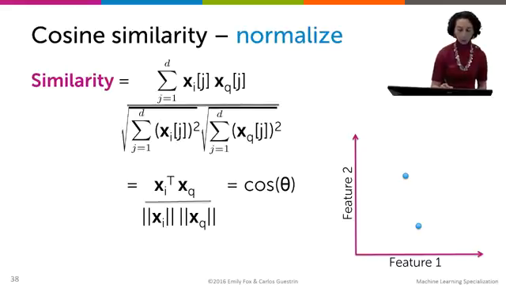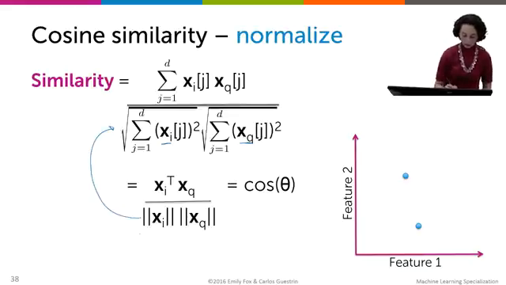So we're summing over the square of each element just within vector xi and just within vector xq. So that's by definition this norm here. So this is equivalent to this. That's the definition of these bars here, the norm or magnitude of this vector.